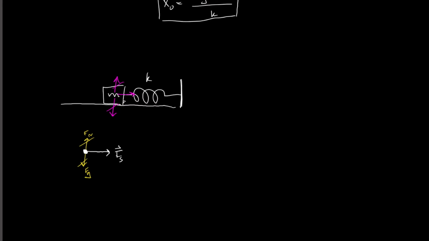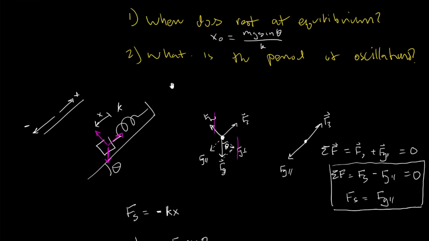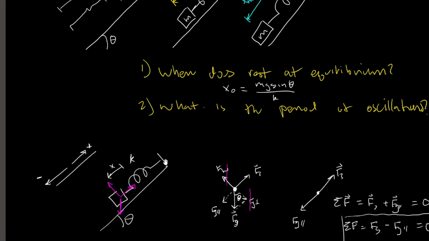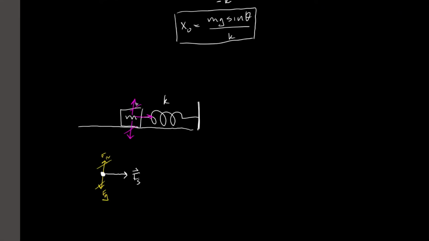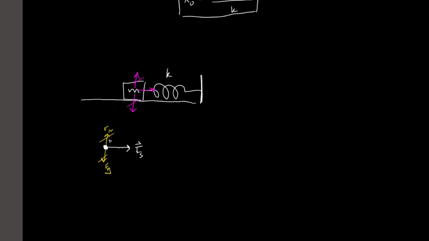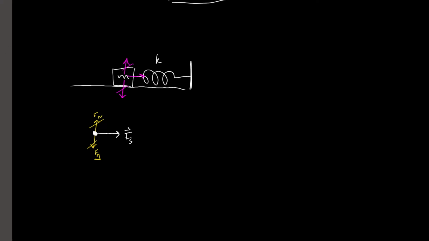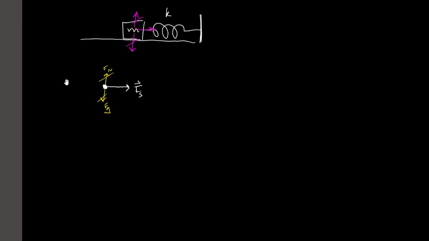Now, when we attach this box to this spring, the equilibrium position doesn't change at all. So this x naught for our horizontal spring is just 0, because there's no force of gravity or anything that pulls it down. And then when we pull it back and release it, we have some initial stretch.